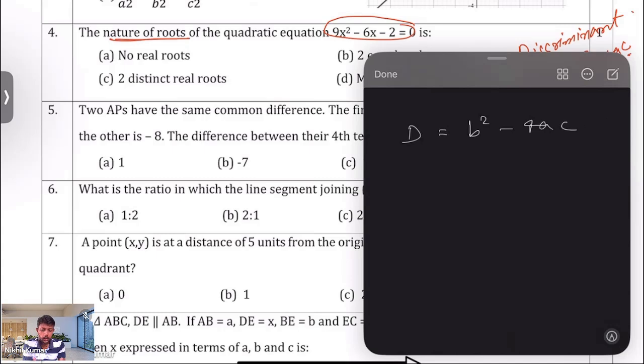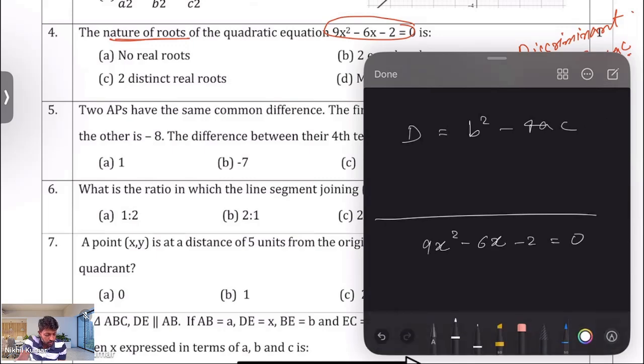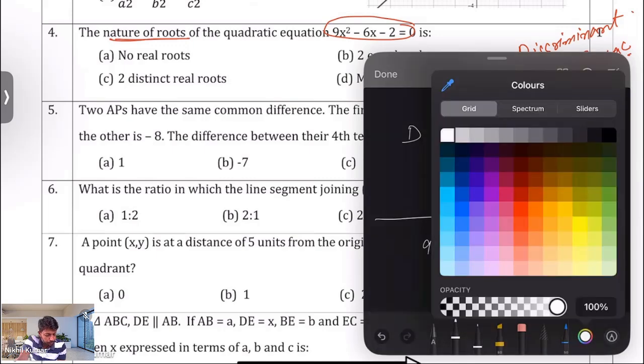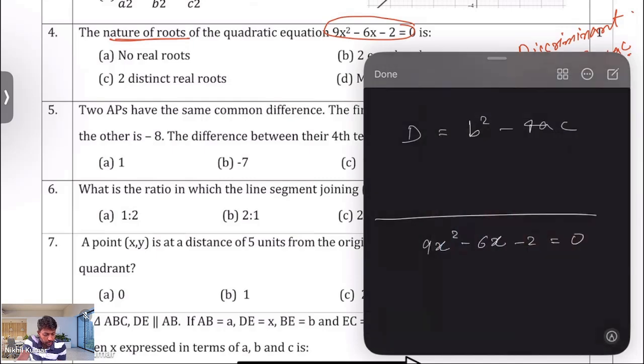Let me quickly revise what a, b, c are. Whenever we write a quadratic equation, 9x square minus 6x minus 2 is equal to 0, this is our quadratic equation for now. The coefficient of x square, that is a.